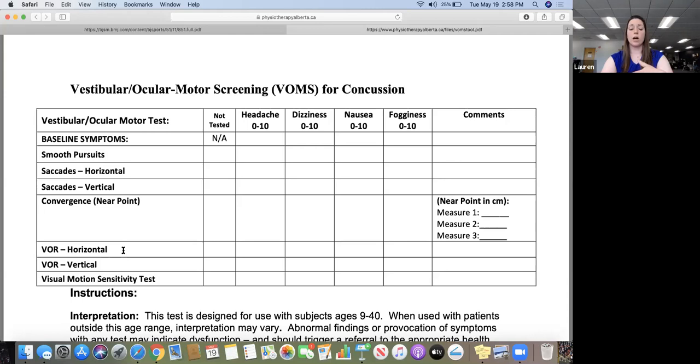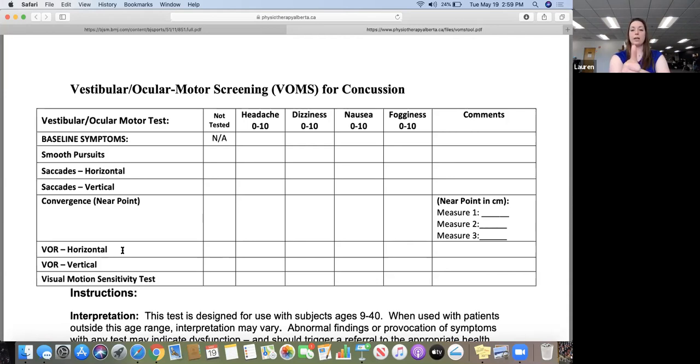For the VOR, you need to pay attention to the smaller details, but it's probably one of the easier ones to find that's commonly abnormal. If they move their head and their eyes slip off of their finger and then come back as they go, that's abnormal.